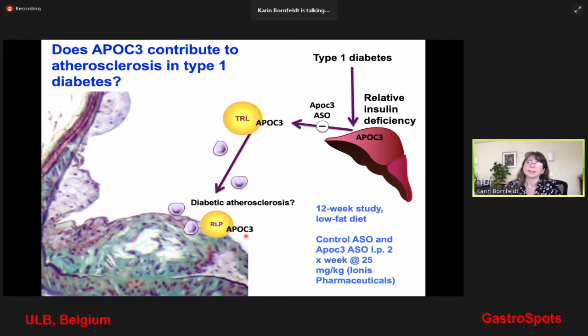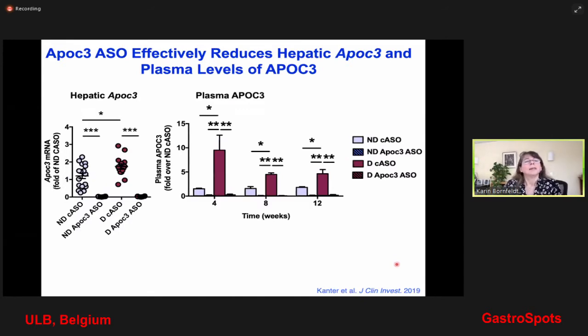So we silenced ApoC3 in the liver during a 12-week study in the type 1 diabetes model. The animals were injected IP with either a control antisense or the ApoC3 antisense twice a week. So here you can see that ApoC3 antisense treatment was very efficient.